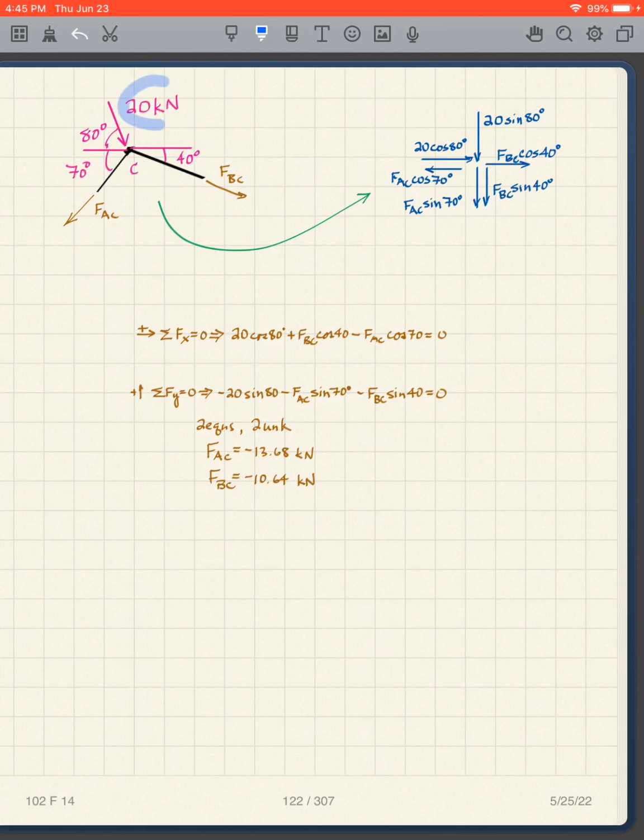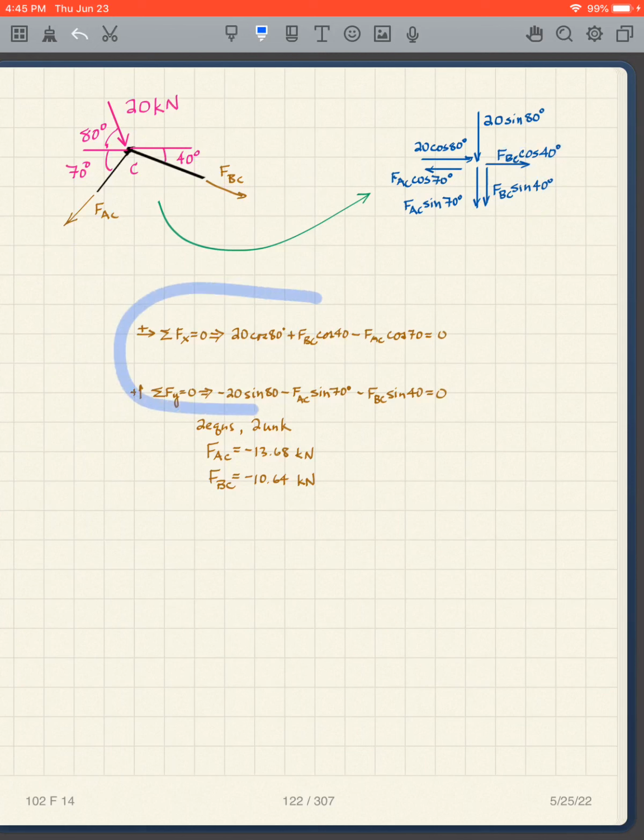So the 20 is, again, downward to the right. So I have 20 cosine 80, 20 sine 80, downward to the right. This is downward to the left. FAC cosine 70, FAC sine 70, downward to the right. FBC sine 40, FBC cosine 40.